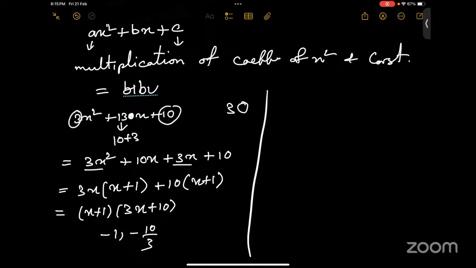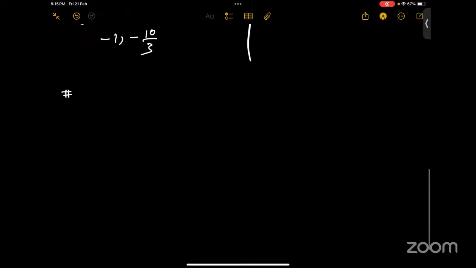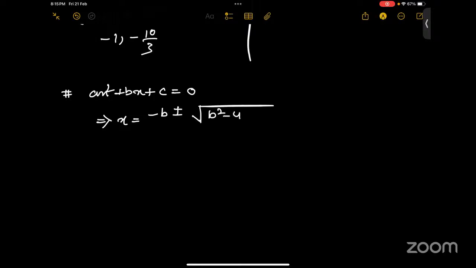So it was basically the FOIL method. Then we can also use the completing the square method. Via completing the square method, if I have the equation ax squared plus bx plus c equals to 0, we know that the root we can calculate directly via the formula, minus b plus minus root of b square minus 4ac by 2a, right?